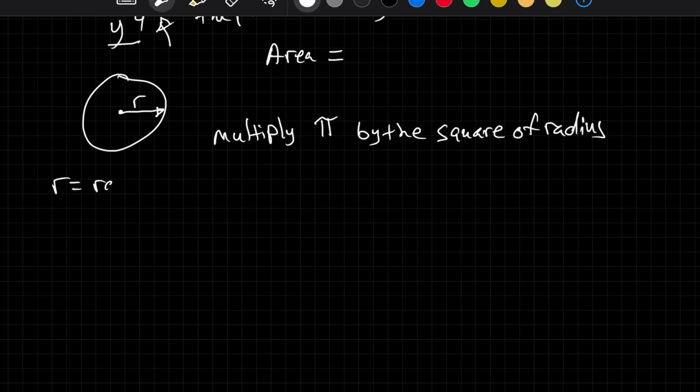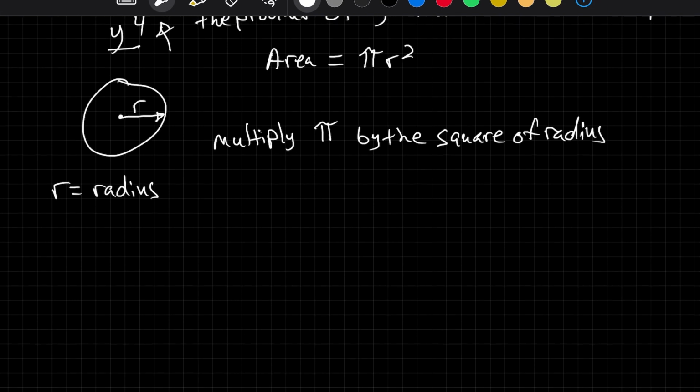And remember, r is equal to radius. So if we take pi, we can multiply by that r to the second power. Pretty cool.